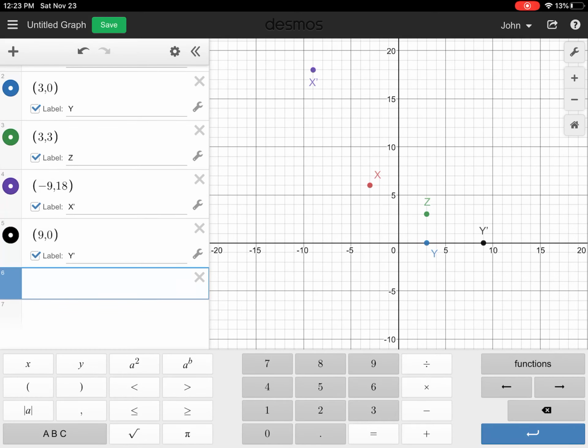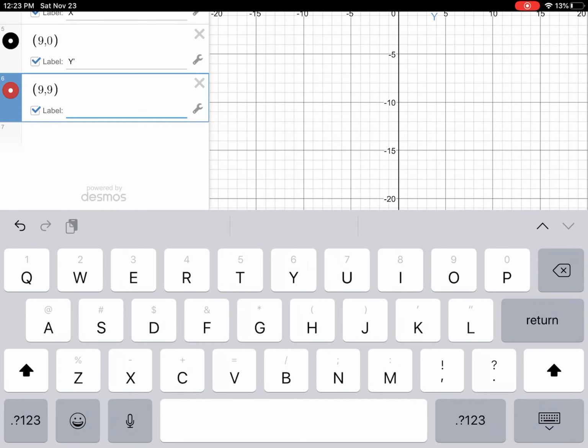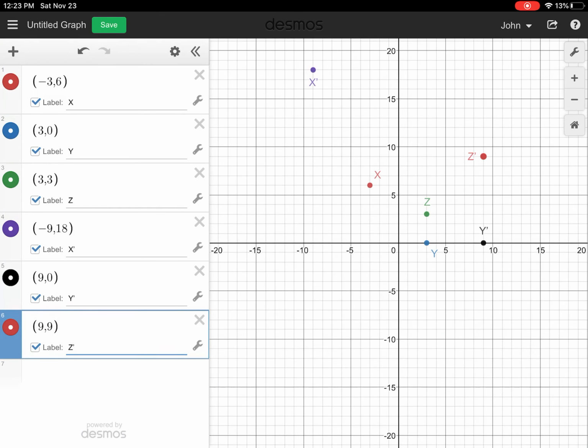And that shows up there on the line, which it should, here in black. And then I have my new point z prime, which would be 9 and 9. And let's see, z prime. Okay. And sure enough, that's out there.